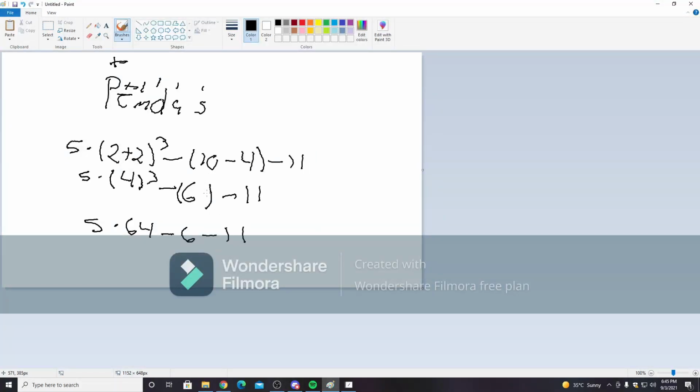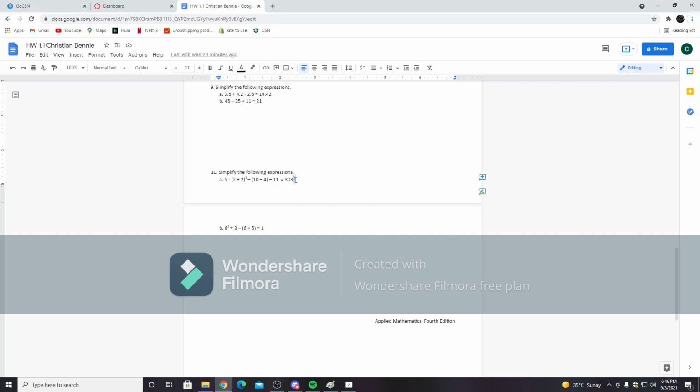I'm just going to remove the parentheses right here since it doesn't really matter too much. And then now we multiply these two, which I'm actually just going to use a calculator for because I'm not multiplying 5 times 64 in my head. We get 320 minus 6 minus 11, and then from there it's just simple math. It comes out to 303. As you can see, that's what we got.